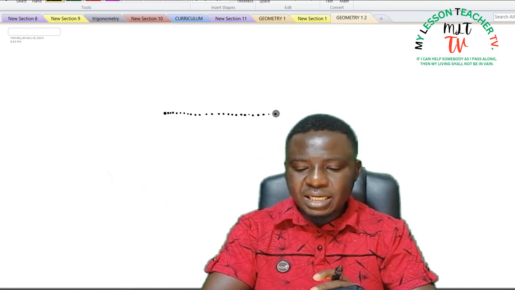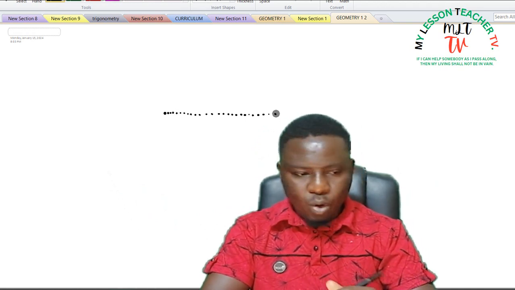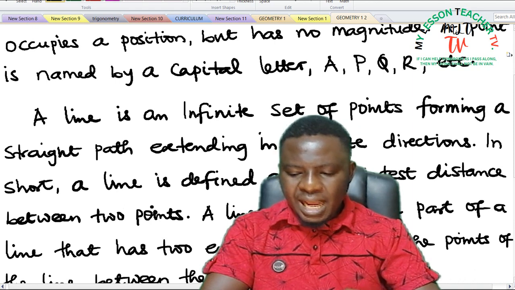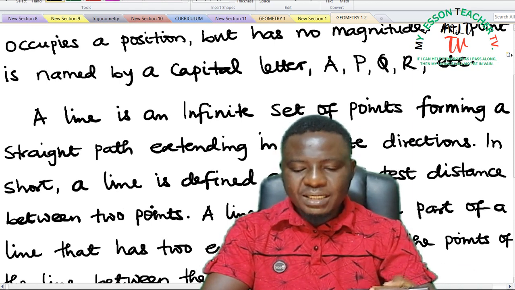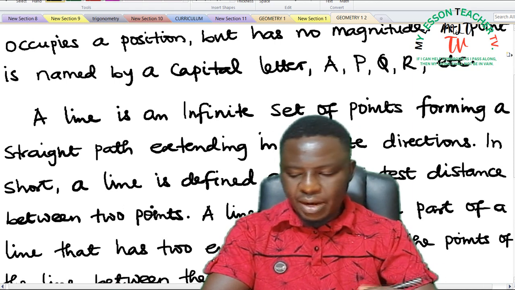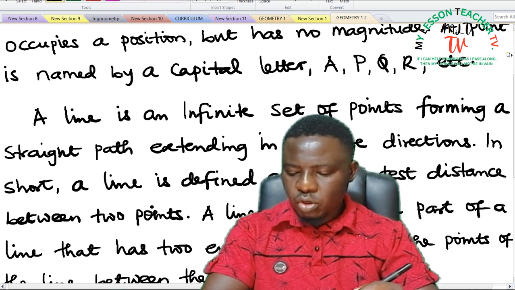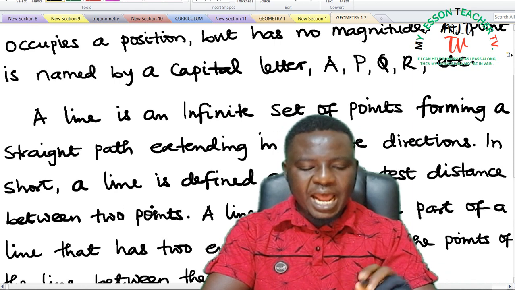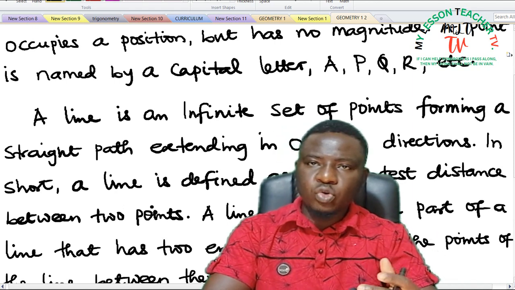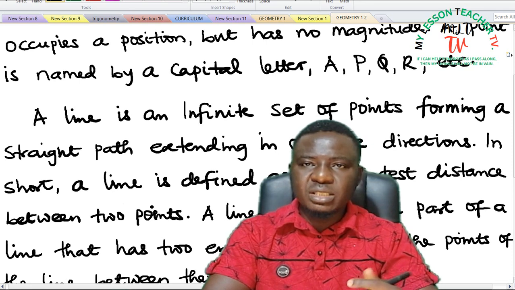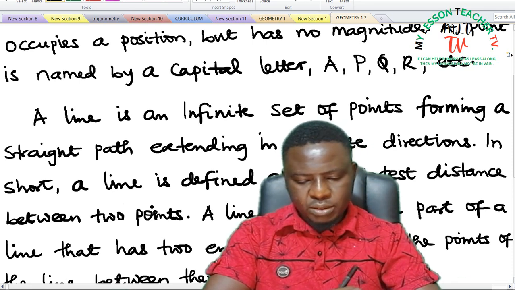That a line is a series of points. That a line is an infinite set of points forming a straight path extending in opposite directions. In short, we said a line is defined as the shortest distance between 2 points. So also you can define a line as the shortest distance between 2 points.